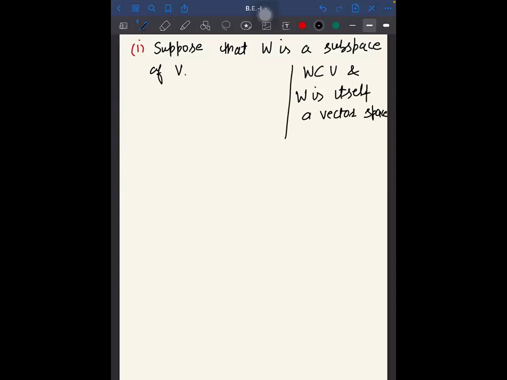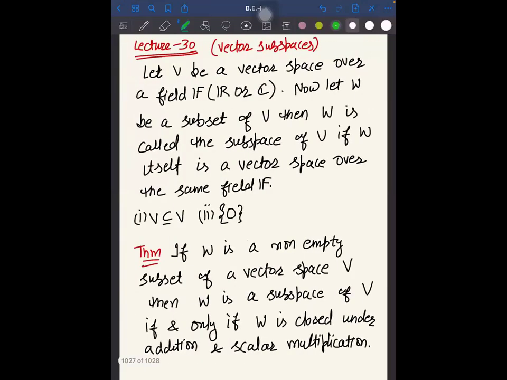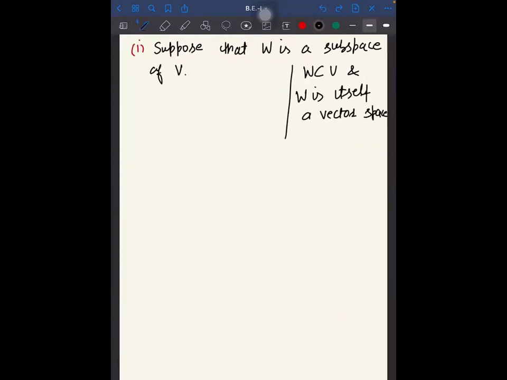Suppose that we are given that W is a subspace. Now we want to prove that W is closed under addition and scalar multiplication. Given is that W is a subspace, and we want to prove this fact. So if it is given that W is a subspace, then by definition, W is also a vector space.